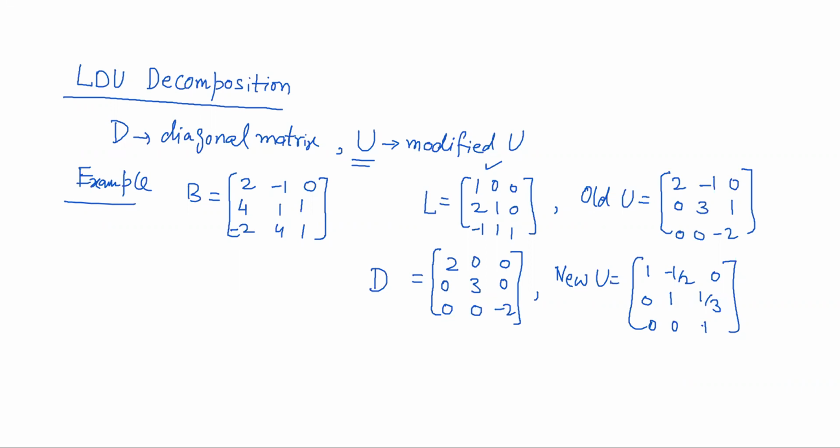Yes, the original B matrix will be the multiplication of L, D, and U. B will be equal to L, D, and U. So you can multiply D by U and then multiply L by D by U. Okay. Any questions?